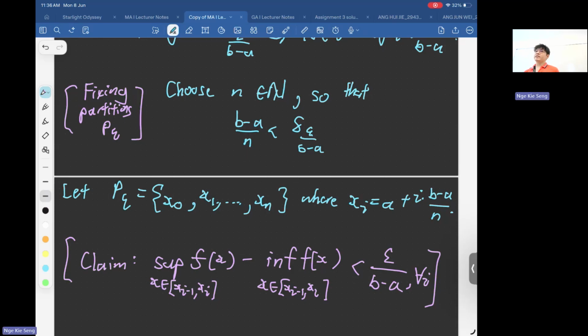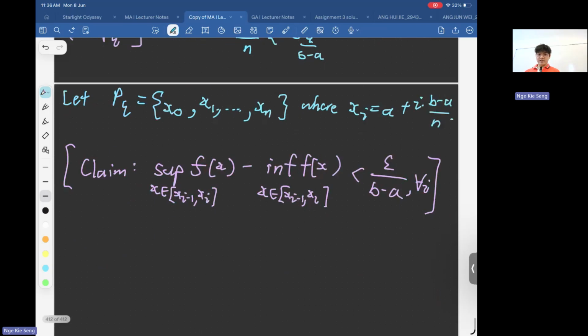We are guaranteed that this sup and inf exist, because by the extreme value theorem, it is equal to some f(x max) and some f(x min). It's realized by some value because the extreme value theorem says you must attain your maximum and minimum.